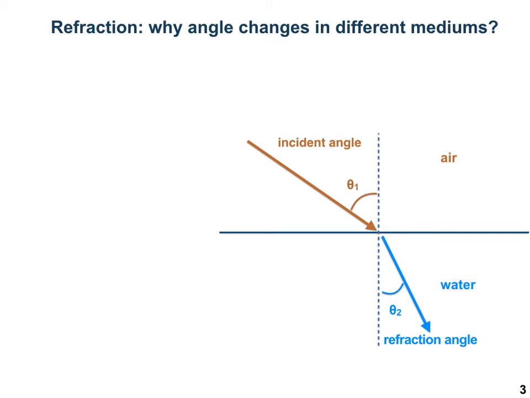Maybe at the beginning it will be a little bit hard to remember in which direction the light bends. So perhaps this way will help you understand this behavior more easily. We can imagine light traveling in air as a car driving on a highway. And when the car reaches the water, it's like reaching muddy land, and the right front wheel will slow down.